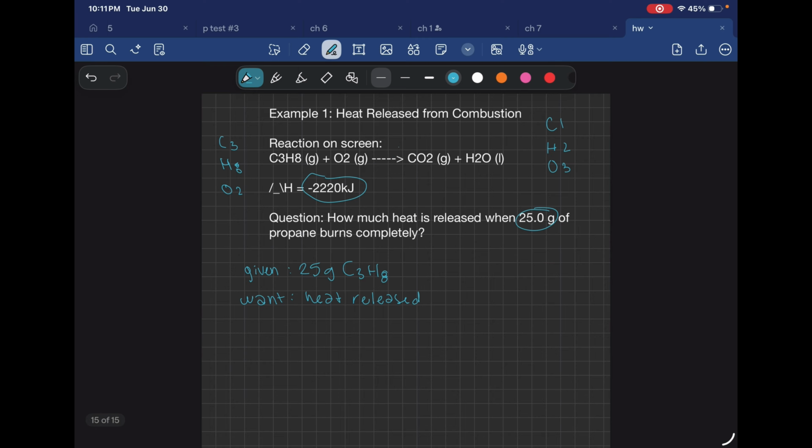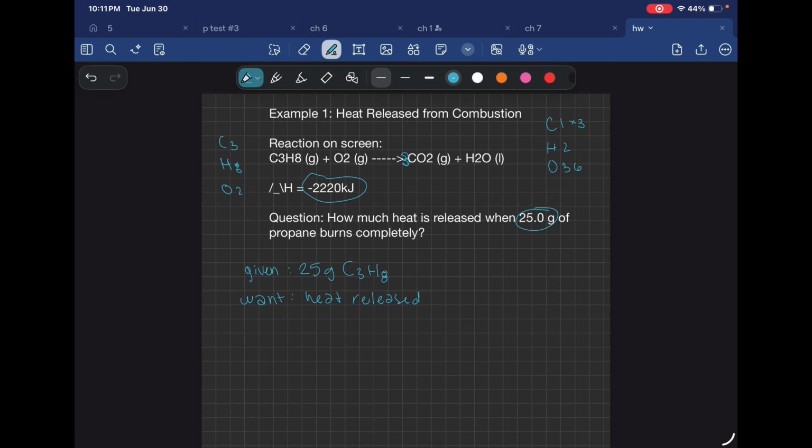So to balance this C, there's 1 C on this side, so we would have to multiply this by 3. Let's add a 3 right in front of this CO2. And so that gives us 3 CO2. But since it's CO2, that changes the O's to 6.